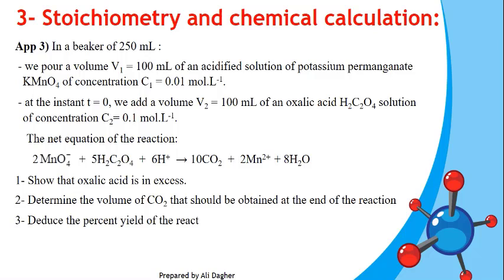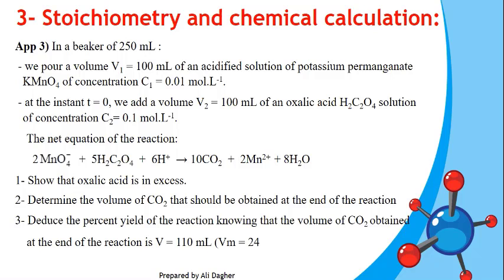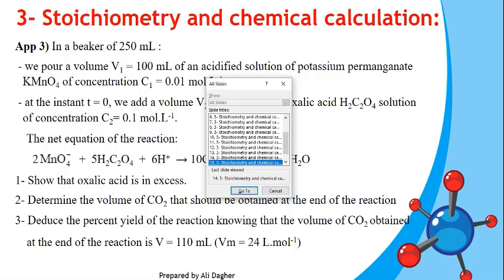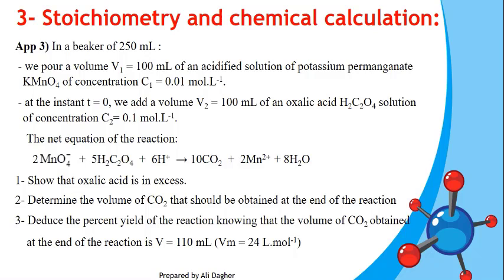Deduce the percent yield of the reaction, knowing that the volume of CO2 obtained at the end of the reaction is V equal 110 milliliter, where the molar volume of gas equals 24 liter per mole. Then we are given the experimental volume of product. We need to calculate the theoretical volume in part 2 to deduce the yield of the reaction.